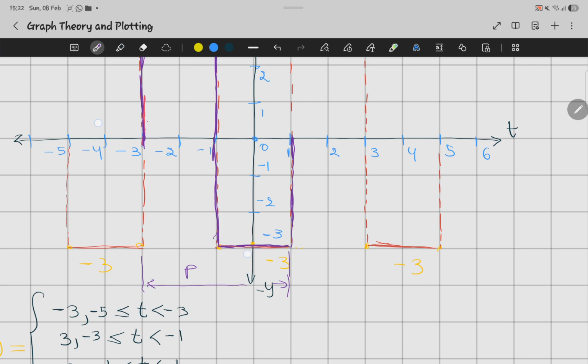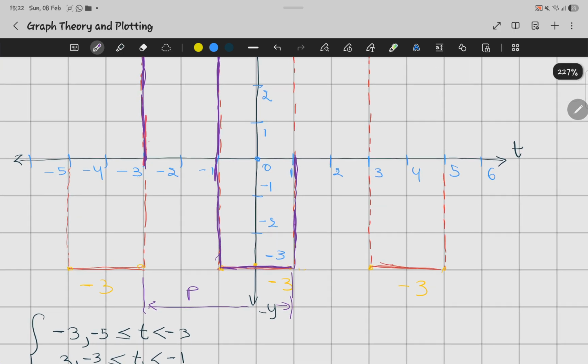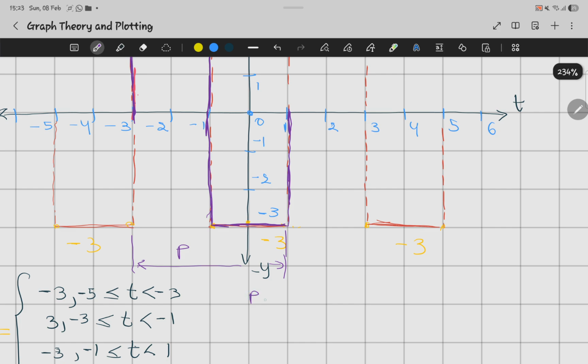For this case, what is the period? The period will be equal to the starting point made positive plus the ending point made positive. This is the formula we're going to use. So the starting point is -3, plus the ending point, which is 1.